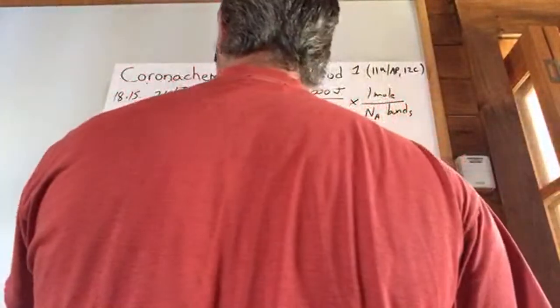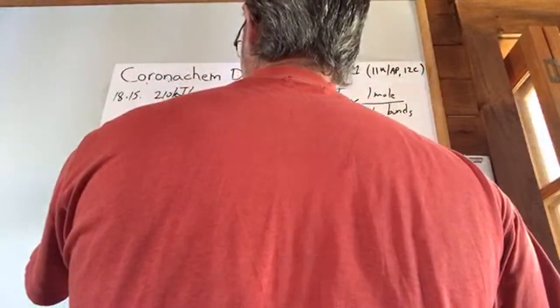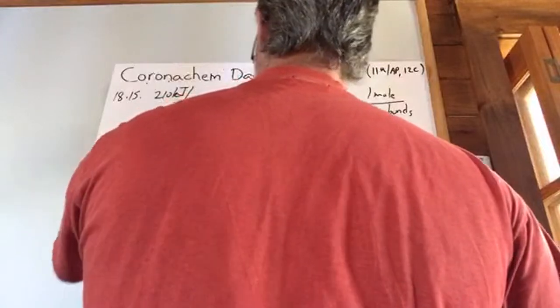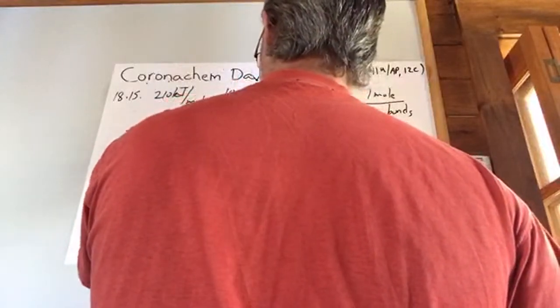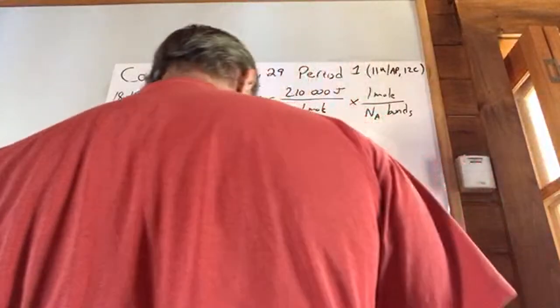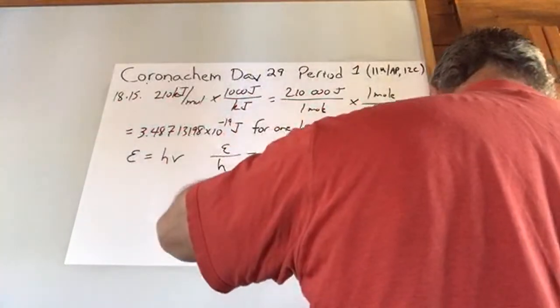So we're solving for the frequency of a photon of light that has that much energy. So we're going to rearrange the equation to solve for the frequency. The energy we know, we just calculated it. Planck's constant is a known number, and the frequency is going to be represented by the letter nu, the Greek letter.